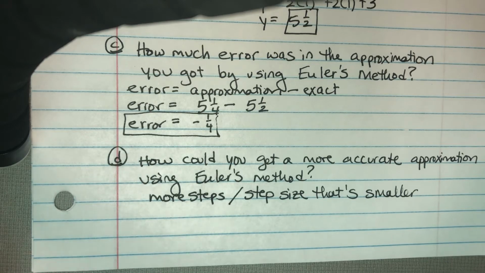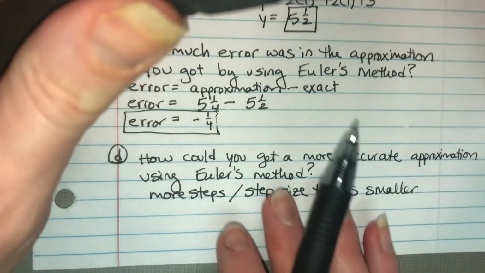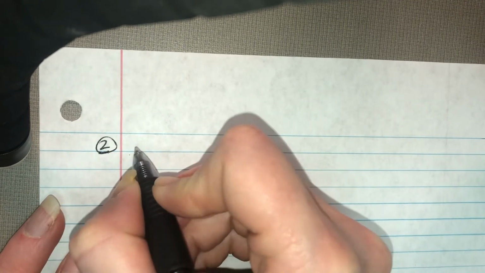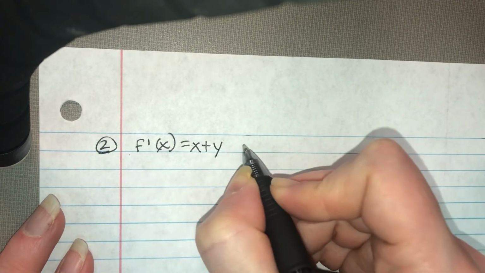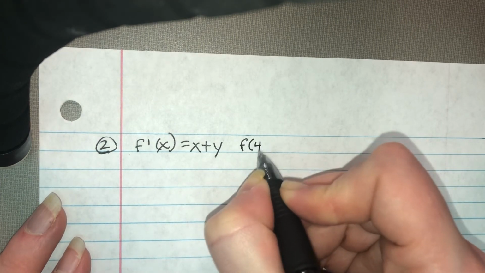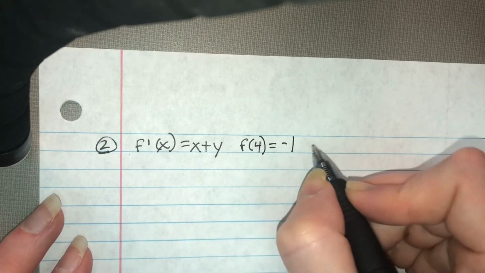Okay, next let's do number 2. Number 2 says f prime of x is equal to x plus y. f of 4 equals negative 1.